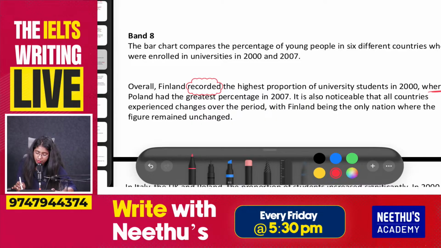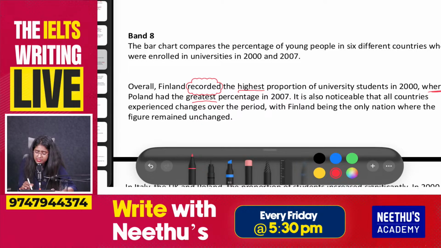So one word they've used is "highest," and here they've used "greatest." In the earlier one, we saw "marginally" and "a slight decline." These are the synonyms used. So they're using different words in each sentence and not in each part of the sentence.